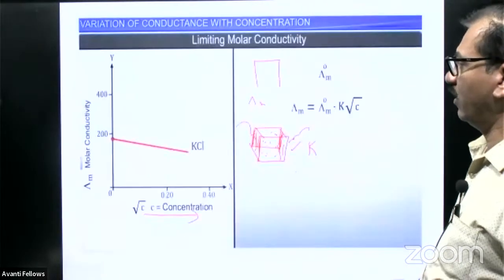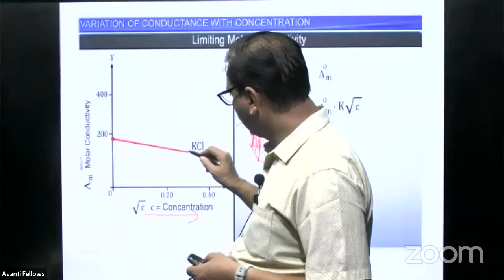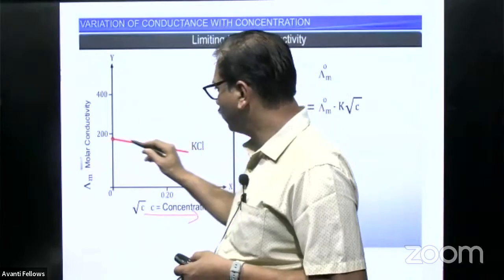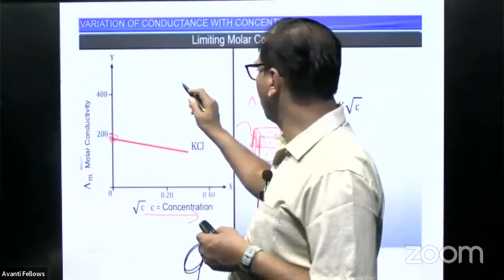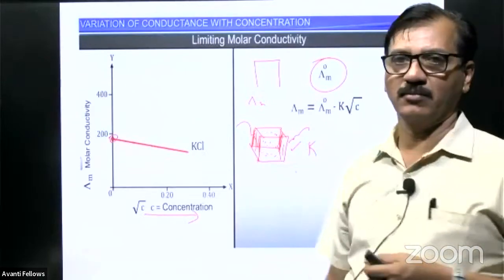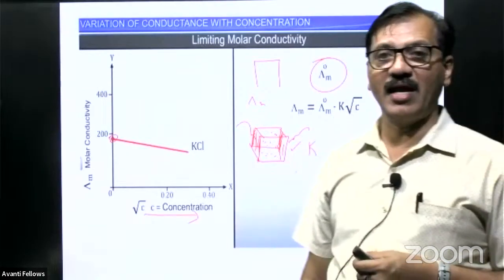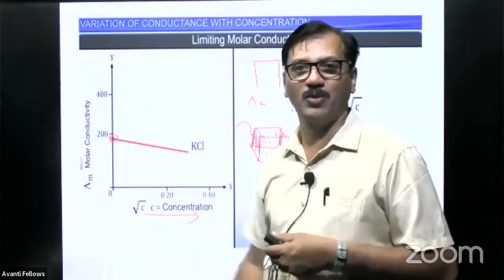Another thing that we are observing in this, whenever the graph is drawn and extrapolated, one can find the maximum conductivity. This is called lambda m0, the molar conductivity at infinite dilution. Theoretically, it is possible, but practically it is not possible to do.